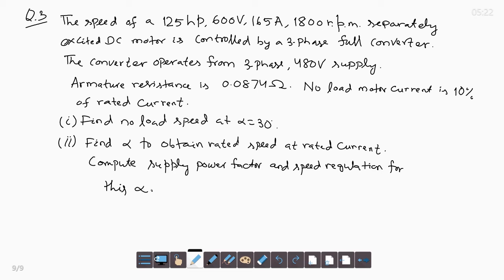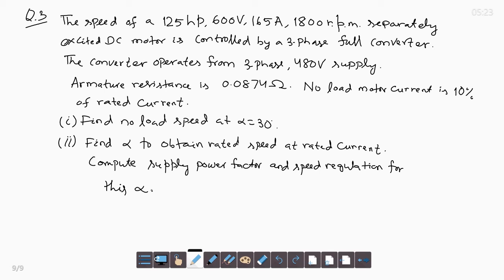The question is like this: the speed of a 125 HP, 600 volt, 165 ampere, 1800 RPM separately excited DC motor is controlled by 3-phase full converter.